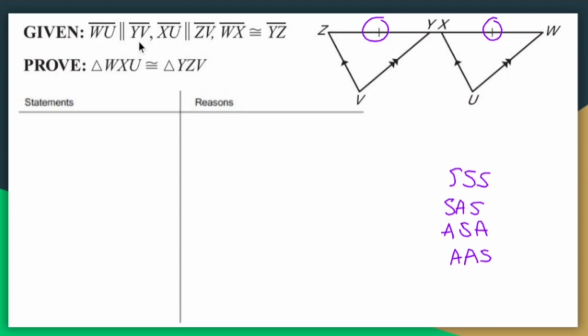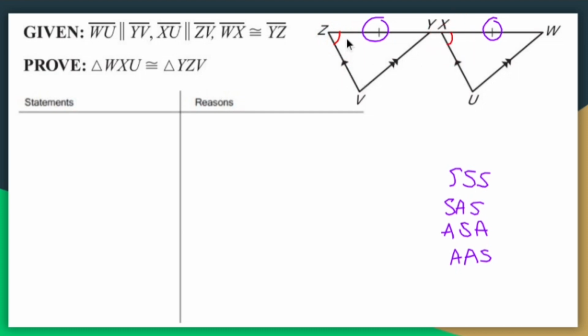Okay, alternate interior angles. These, but you know what? No, I don't want that here because that's not really what's going to help me. What I'm going to have is, since ZV and ZU are parallel, this acts as a transversal. These two correspond with each other.